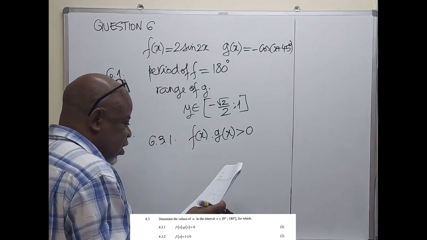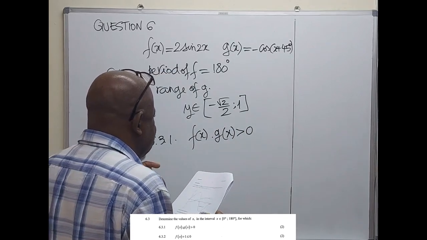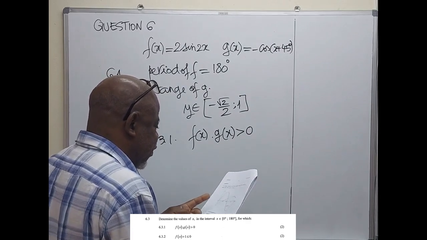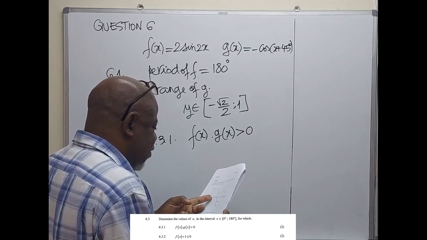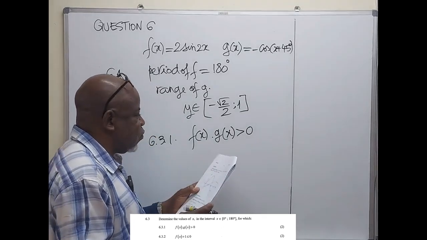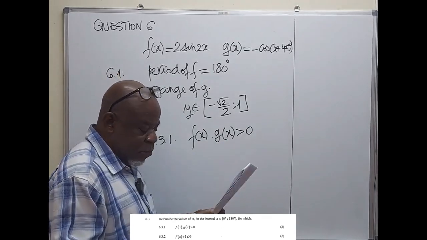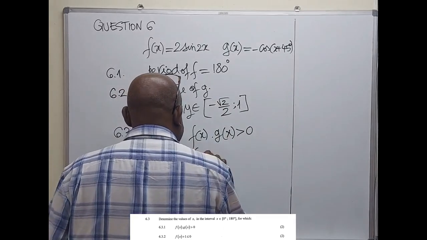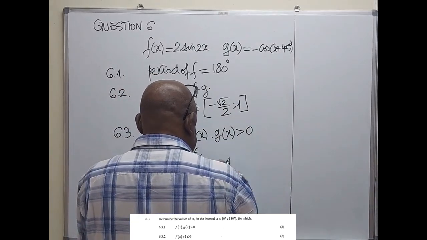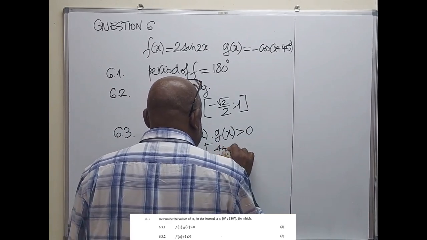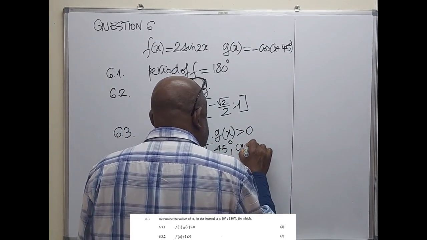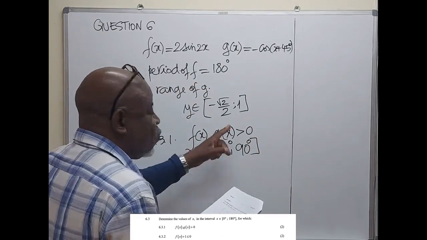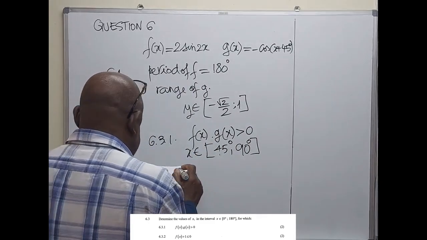You can see it from the diagram: it's from 45 degrees to 90 degrees. That way, this product is positive. So we write that x is a member of the interval from 45 degrees to 90 degrees, where the product of these two functions is strictly positive.